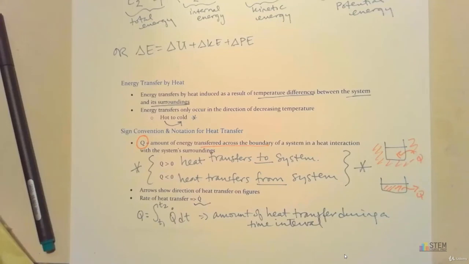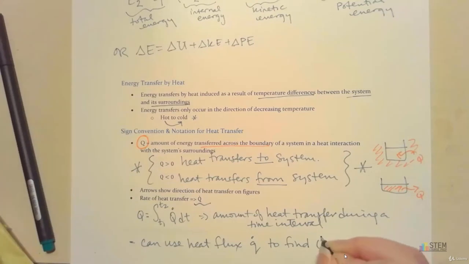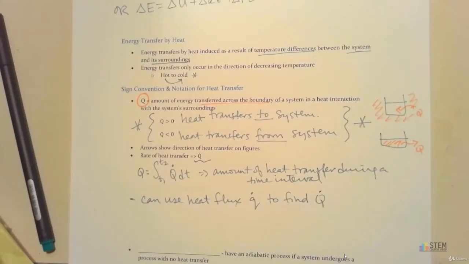Okay. Now there's also something else you can use, and this is called heat flux. We can use heat flux, which is a little q dot, to find Q dot. All right, so let's write down what this little q dot is, because you might not know what heat flux is.